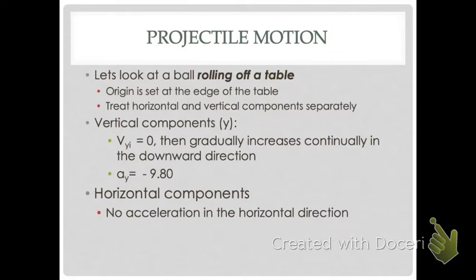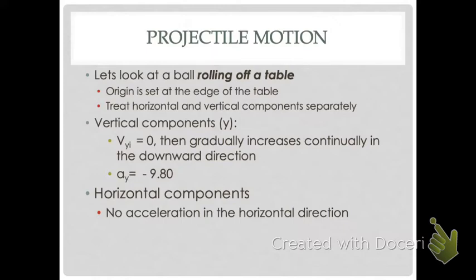In the x direction, I want you to think about purely horizontal motion. If we can ignore friction, if we can live in a perfect physics world, do things speed up or slow down in the horizontal direction without something else acting on it? No, right? Newton's first law says an object in motion will stay in motion unless it's acted upon by an outside force.